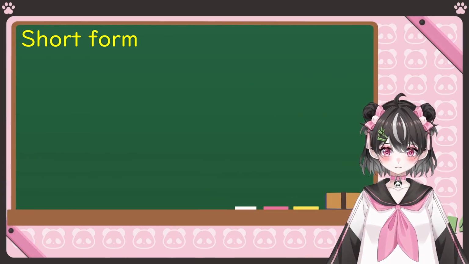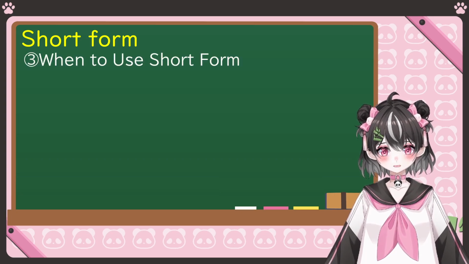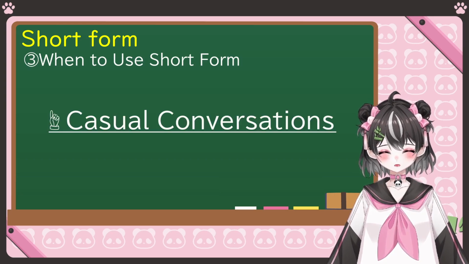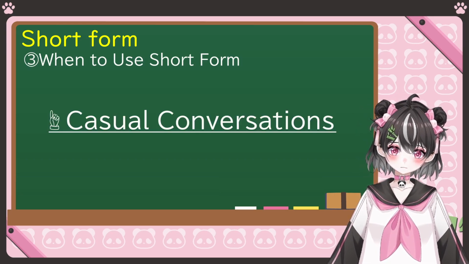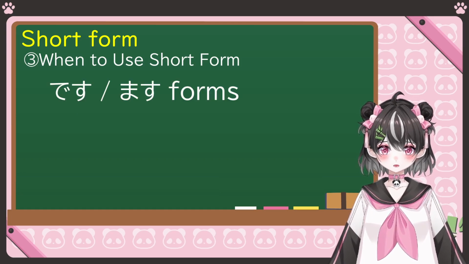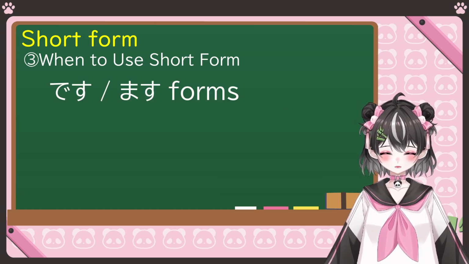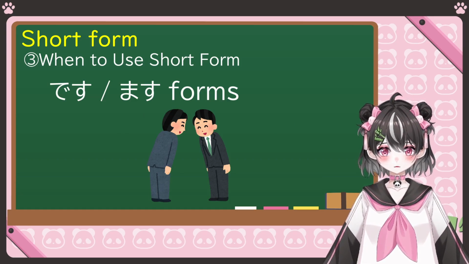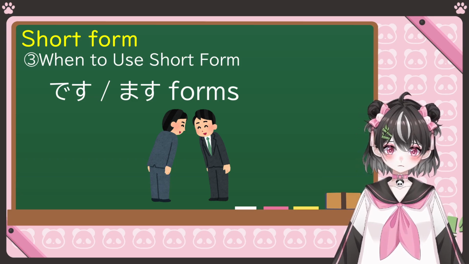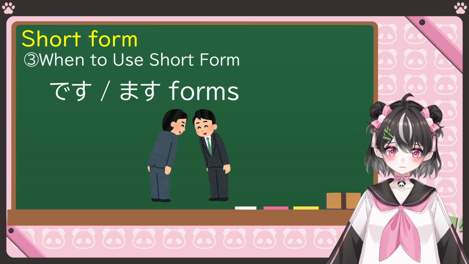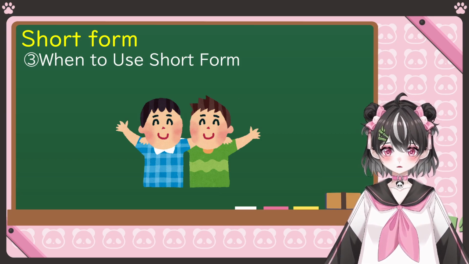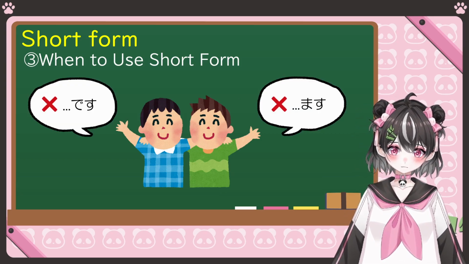Okay, to finish up, I'd like to introduce one situation where we use the short form. That is, we use the short form in casual conversations. The ます or です forms we've been using are polite and formal expressions. That's why beginners learn the ます form first, but in real conversations with family or friends, people don't really use it.